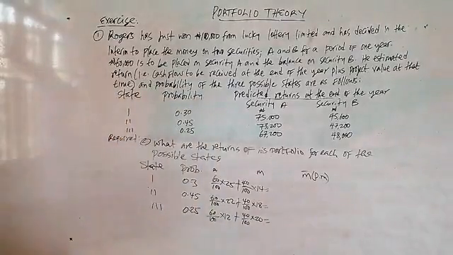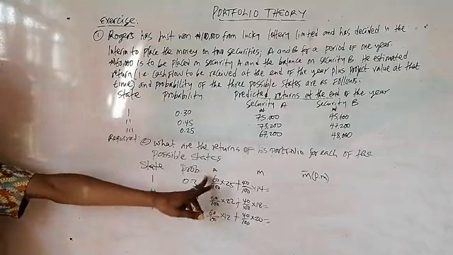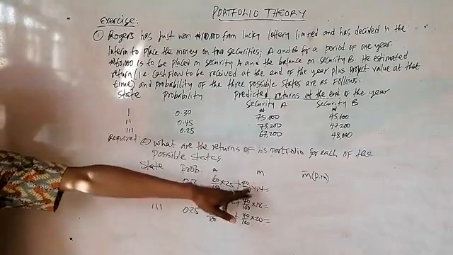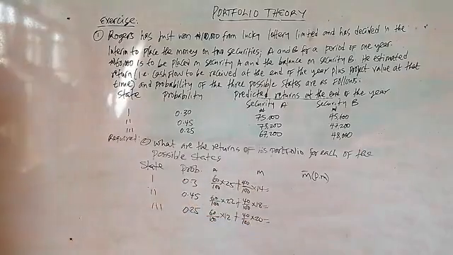Let's now sum it up. When you do your computations, that is 0.6 times 25, also 0.4 times 14.